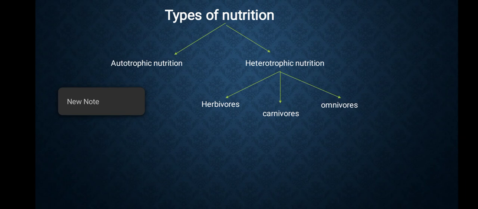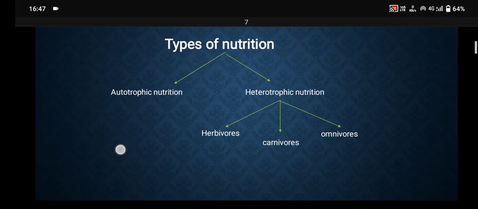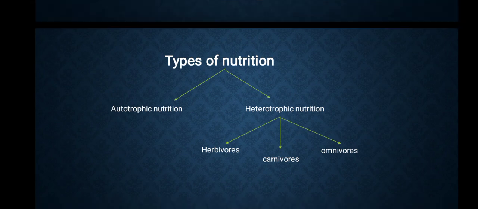Let's move towards the next topic, that is types of nutrition. The organism shows two types of nutrition. How many types? Two types. First one is autotrophic nutrition and second one is heterotrophic nutrition.